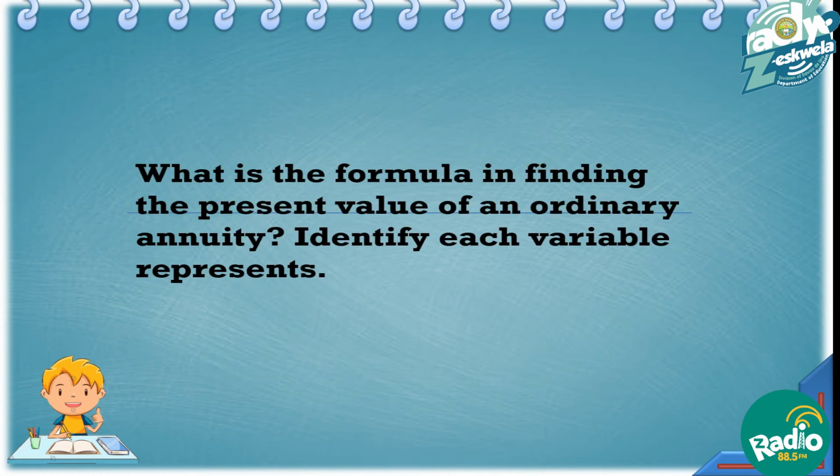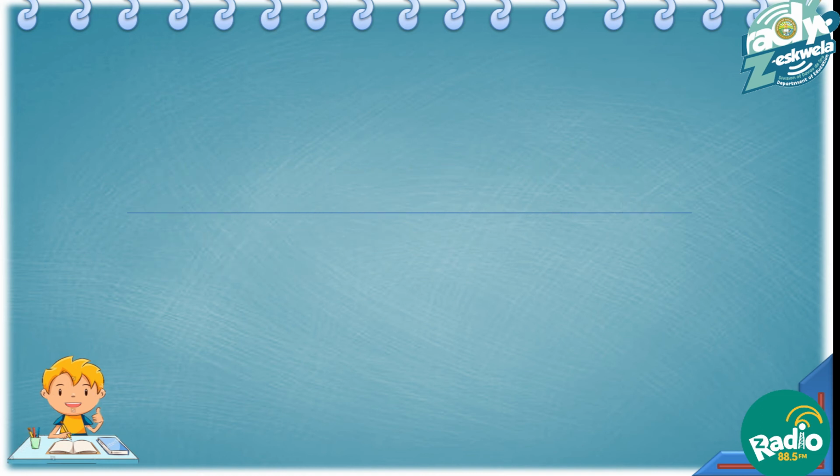For number 4, what is the formula in finding the present value of an ordinary annuity? Identify what each variable represents.